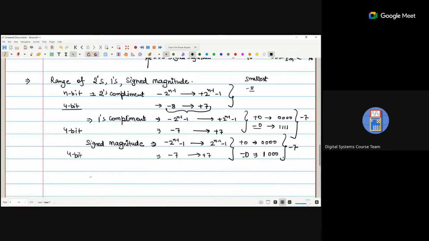Remember that -1 is not the smallest number. Sometimes you mark -1 because it is given in the options, thinking the minus sign and 1 make the smallest number. But -1 is not the smallest number, -8 is the smallest number. Understood? Any doubt?